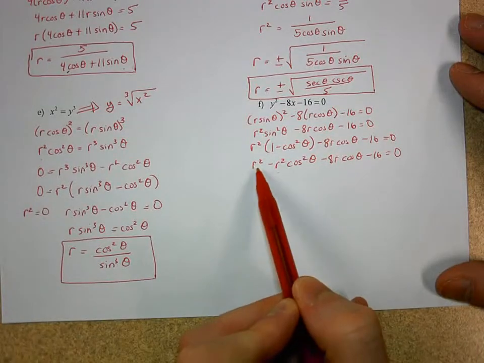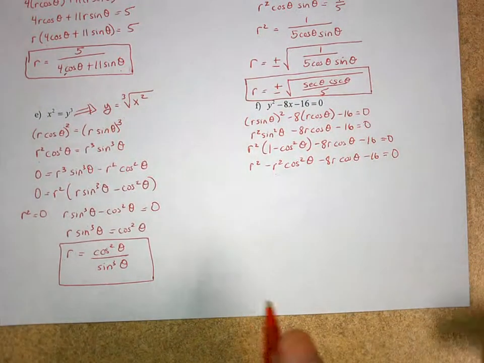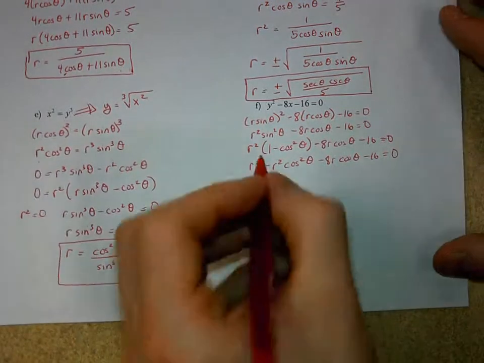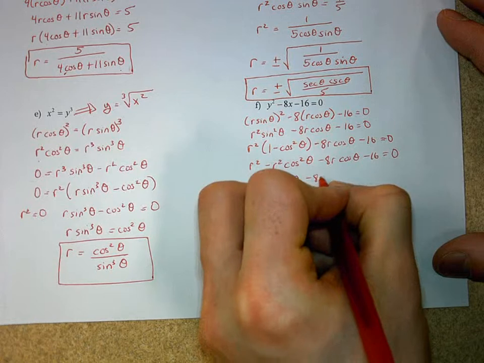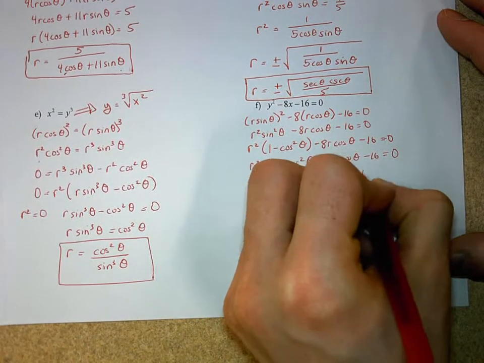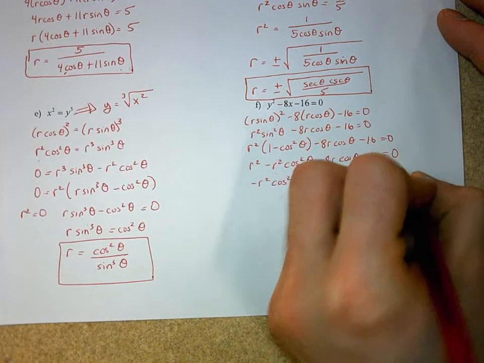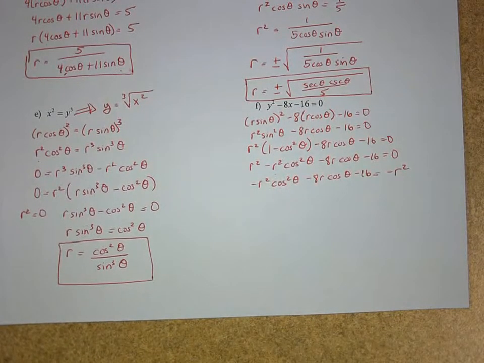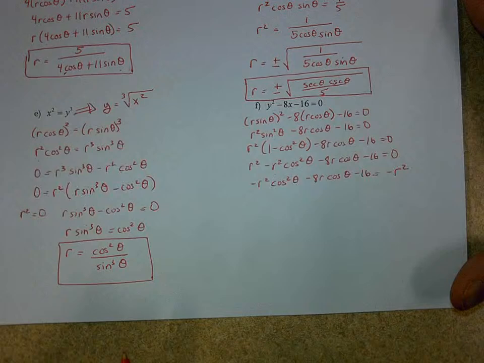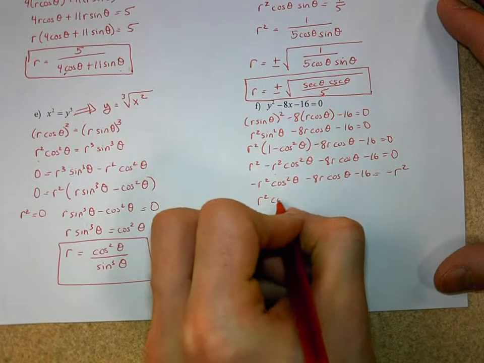This right here I can almost factor if this r squared were thrown to the other side. So let's get that r squared to the other side. So negative r squared cosine squared theta minus 8r cosine theta minus 16 is equal to negative r squared. And then we can factor out a negative 1 or multiply through by a negative 1, so then everything's positive.